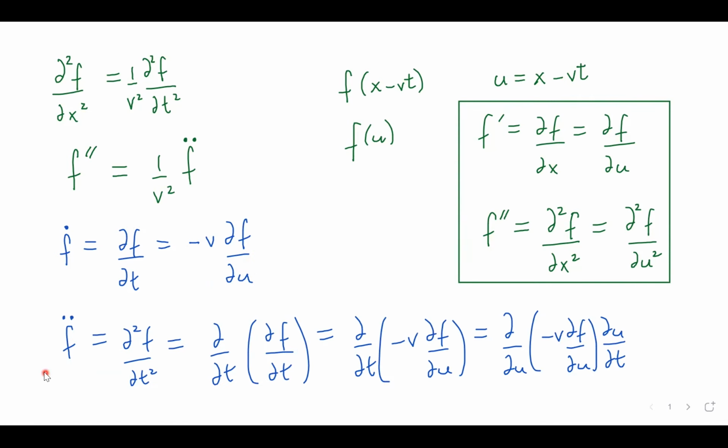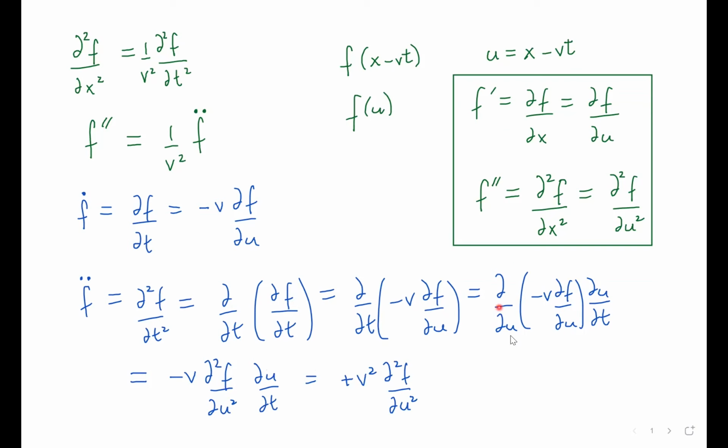If we now calculate the second derivative of f with respect to time, f double dot, we can use the same tricks. This is 2 time derivatives in a row. First one is already known. It's minus v times partial f partial u. And now we can write the second time derivative, again using the chain rule, as a derivative with respect to u times the derivative of u with respect to t.